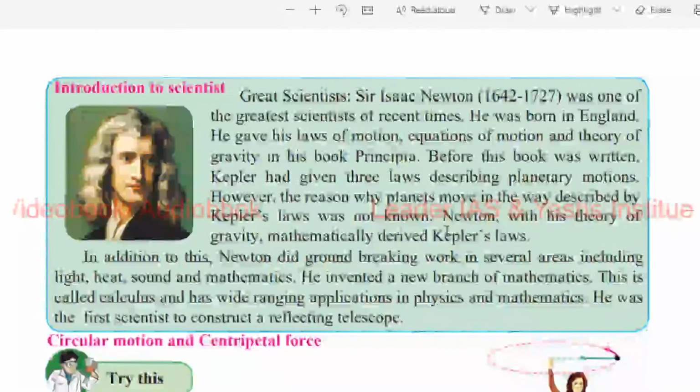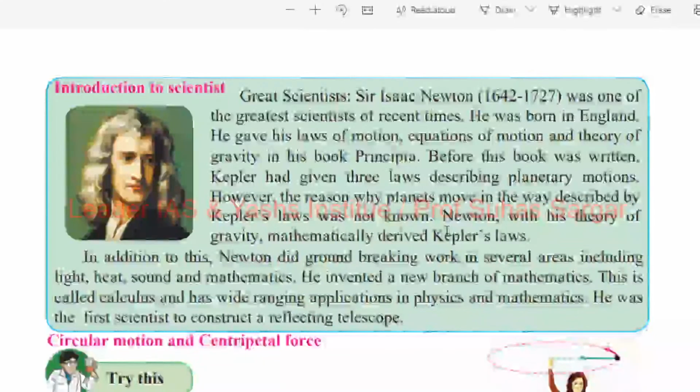In a box, see Sir Isaac Newton's photo. Introduction to scientist. The great scientist Sir Isaac Newton was one of the greatest scientists of recent time. He was born in England. He gave his laws of motion, equations of motion, and the theory of gravity in his book Principia.